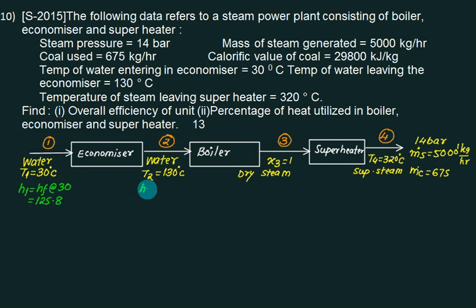H2 is water, so HF at 130. Data is not available in table 1. Go to table 2. This one is a dry steam, so H3 equals Hg. Now this one is 14 bar and 320. Is 14 bar and 320 available there or not? Not available. So take the 14 bar table.